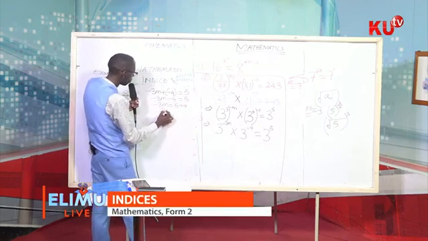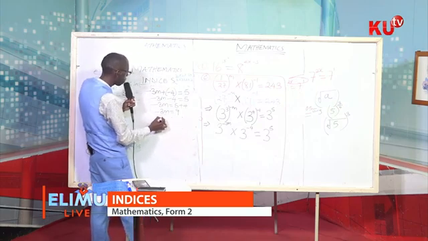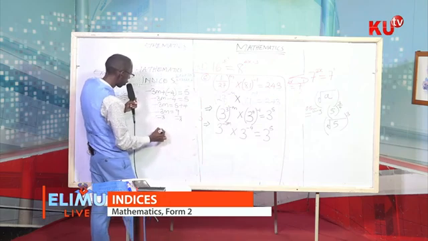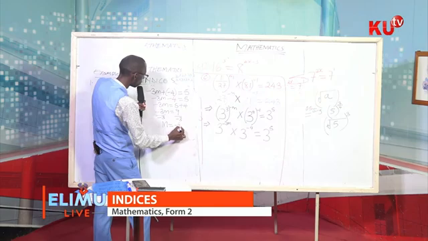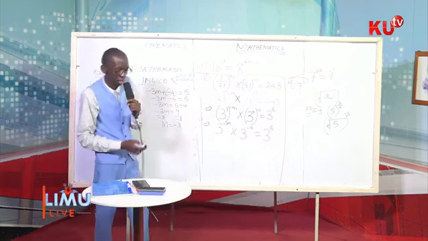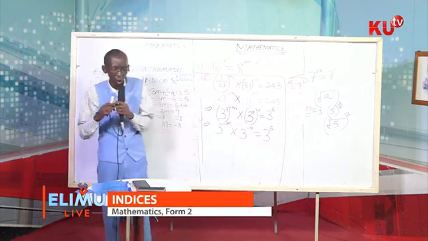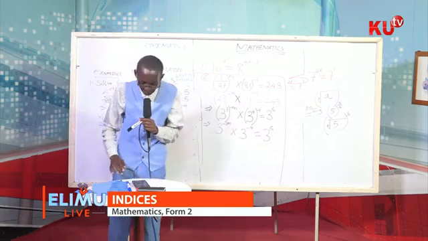Negative 3m is equal to 9. Divide by negative 3 on both sides. My dear students, the value of m is equal to negative 3. That is a different concept of a question on indices, and I believe that you are understanding.